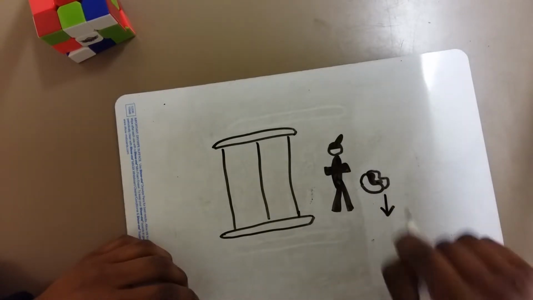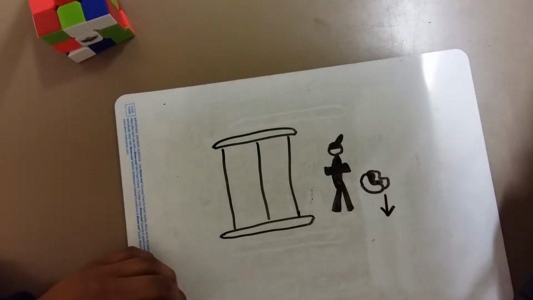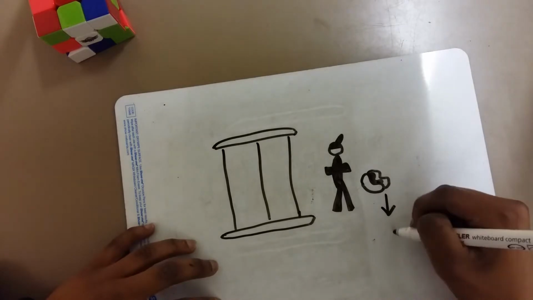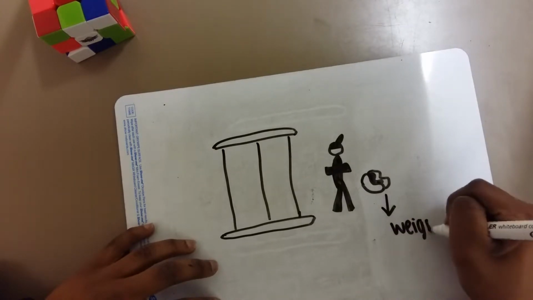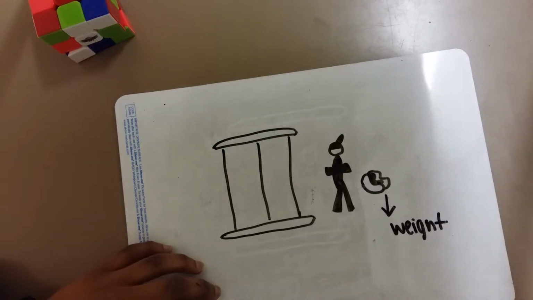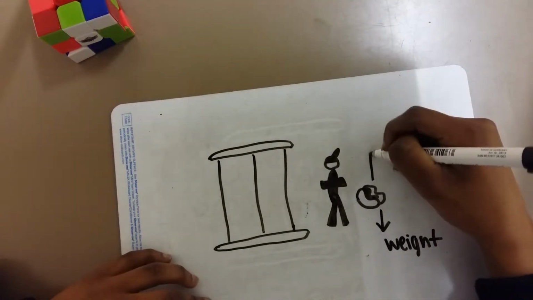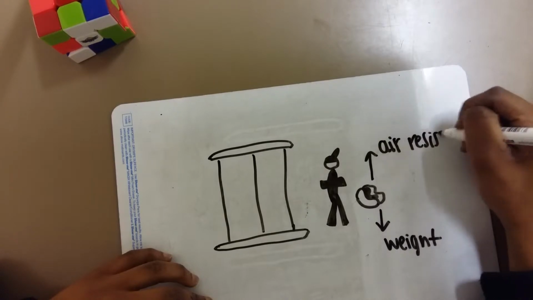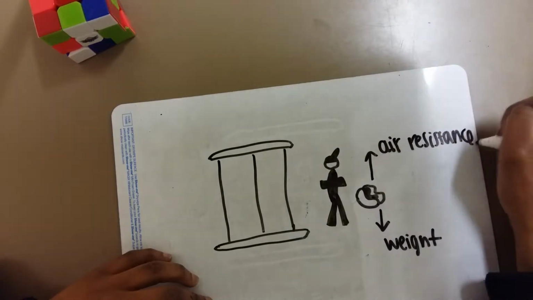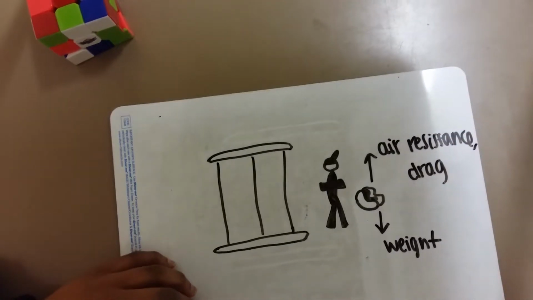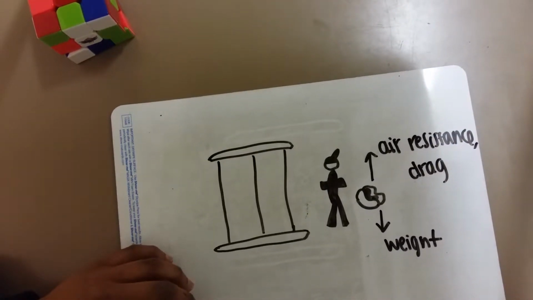Since he was just letting it float around in the anti-gravity chamber, what are the forces acting on the falling hot dog? Well, we have the weight, which is basically just the pull of gravity, and in the opposite direction we have the air resistance or drag. And remember the boxes with arrows coming out of them?